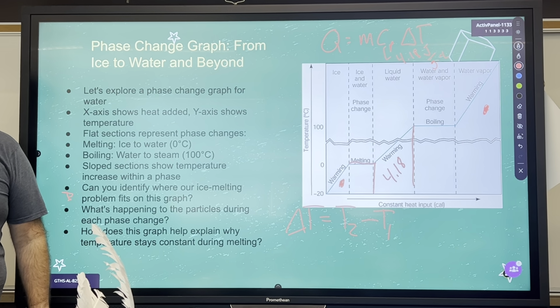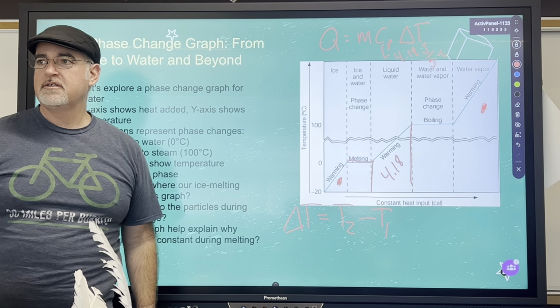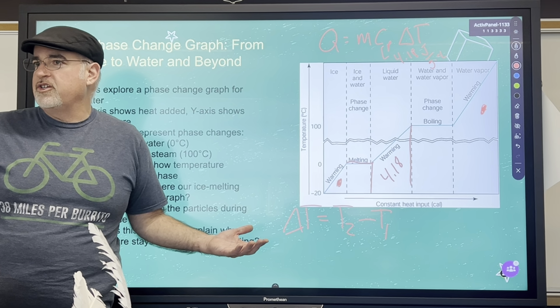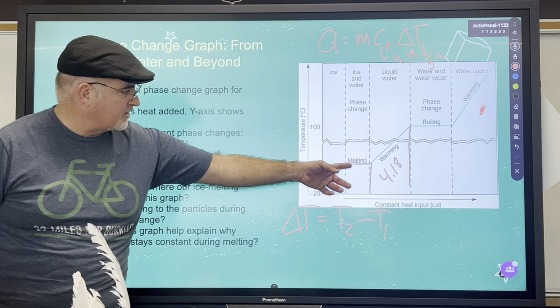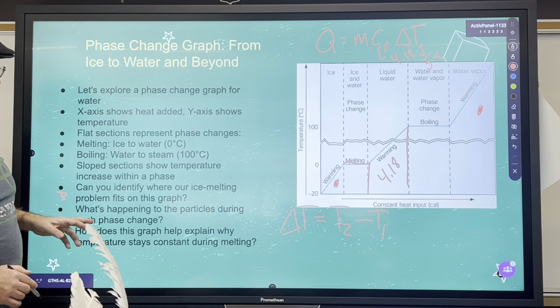Good job. So would this equation work for this part of the graph? No, because it would go to 0, but we know that it takes heat to melt. So we have to use a different equation.